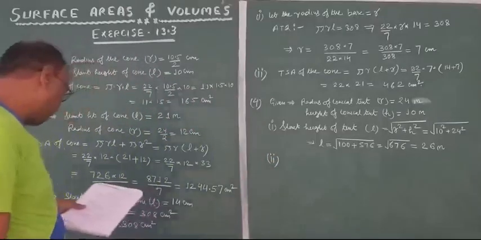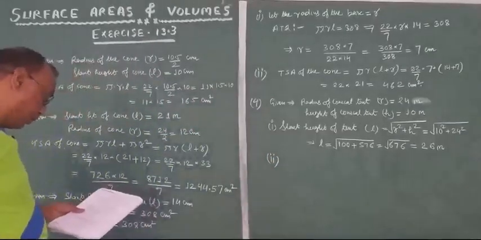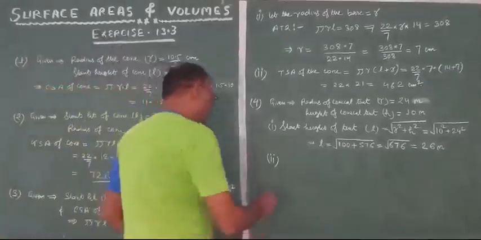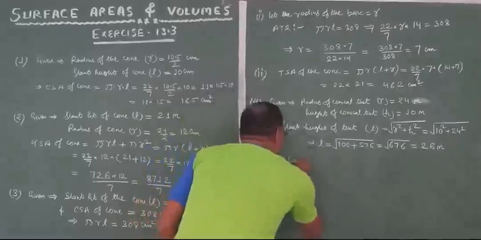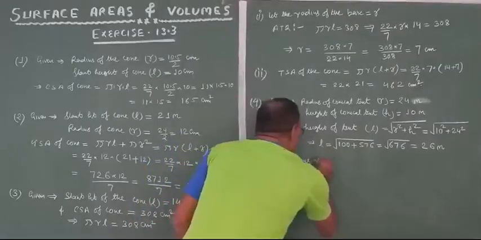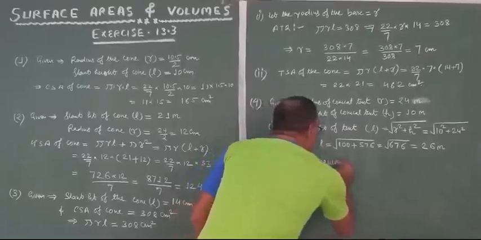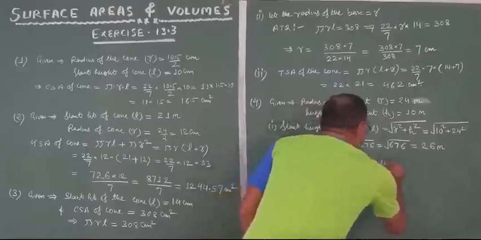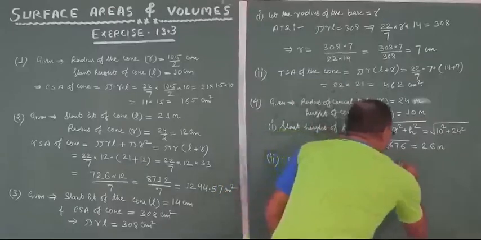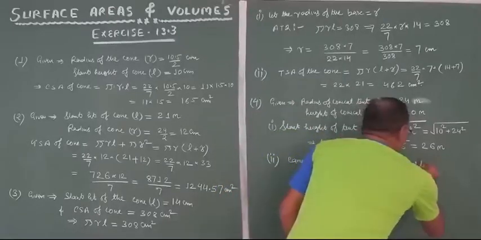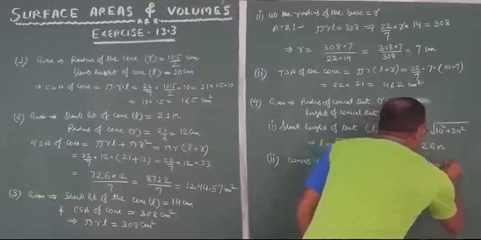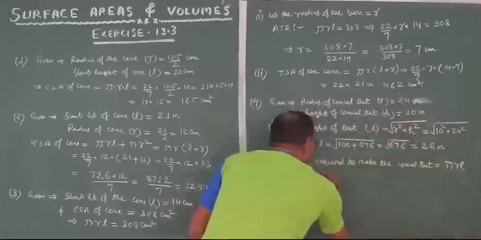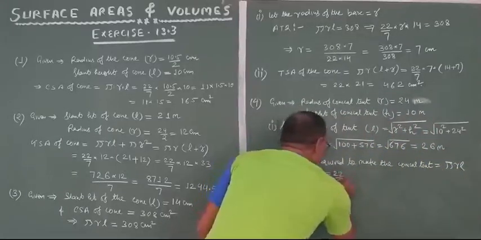The second part is find the cost of the canvas required to make the tent if the cost of 1 meter square is rupees 70. Now canvas required to make the conical tent, that will be given by pi into R into L. This is 22 upon 7.